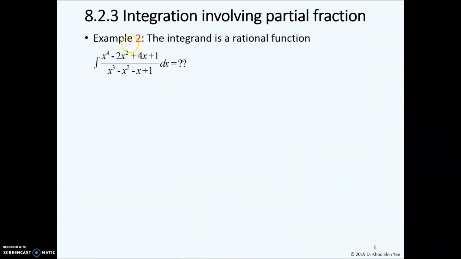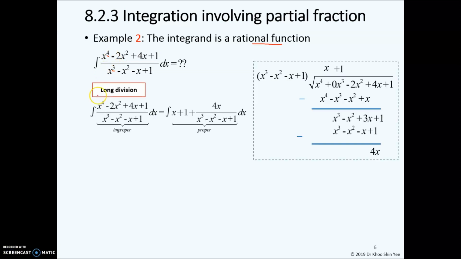Let's continue to solve example 2. In this case, the integrand is a rational function as well. If you check, the degree at the top here is 4 and the degree is 3 at the bottom. So in this case, we can further reduce it. By applying long division, we are able to reduce the improper rational function into a proper type.